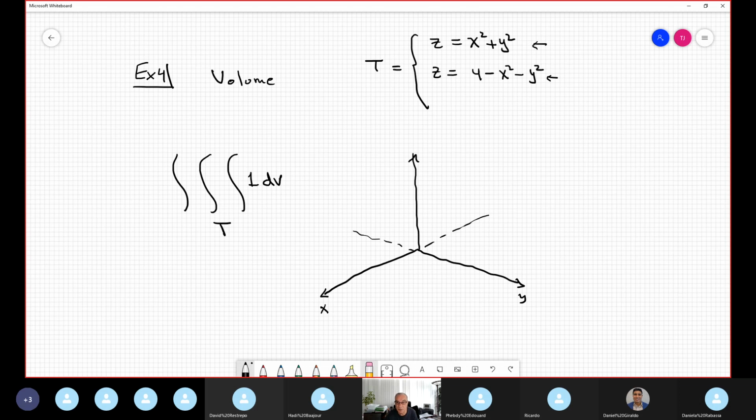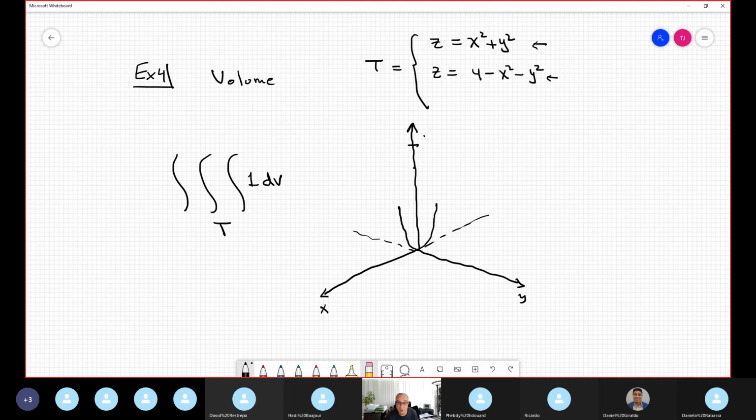Okay, and both are paraboloids or only one? The first is a paraboloid, like that, opening up, because it's positive. The parabola opens up. In this case, also a paraboloid, but opening down. We have one vertex of the paraboloid at 4.